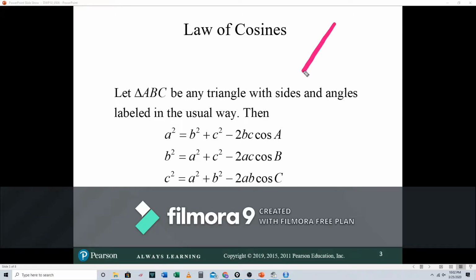So we have three sides, A, B, C, and we have side a, side b, and side c. So this says that a squared is equal to b squared plus c squared minus 2 times b times c times the cosine of A.